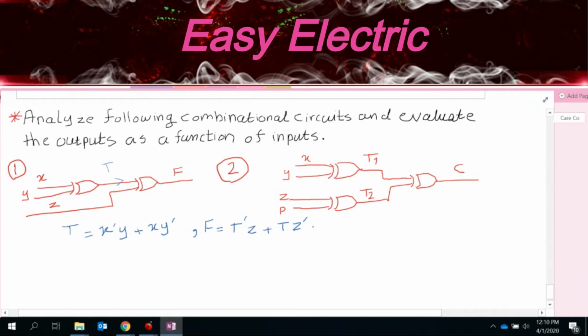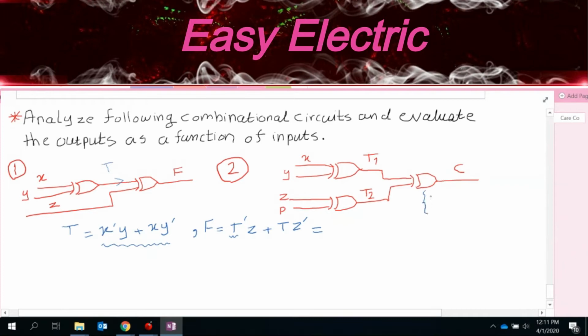So you tell me, if I want to have T prime, T is this. Could you tell me what should be T prime? So back to chapter 2, right? One of the theorems that we learned was De Morgan's. What De Morgan tells us, I'm writing here, just to remind you.